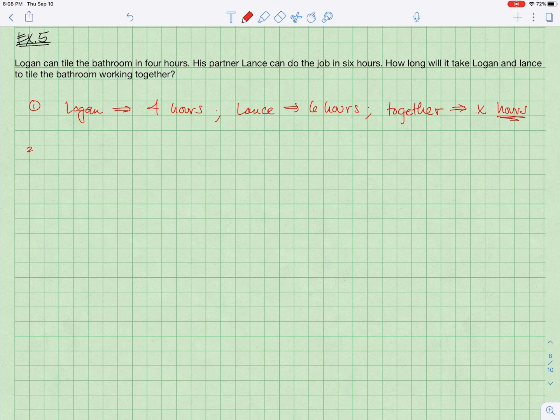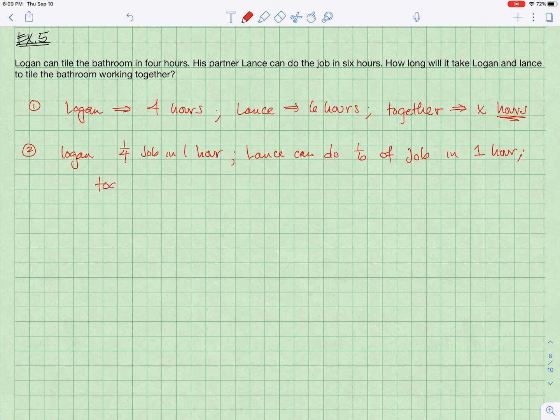So in step 2 here, we'll turn all of that into 1 unit. Logan can do 1/4 of the job in 1 hour. Lance can do 1/6 of the job in 1 hour.